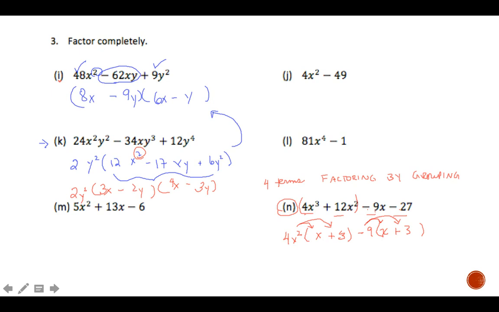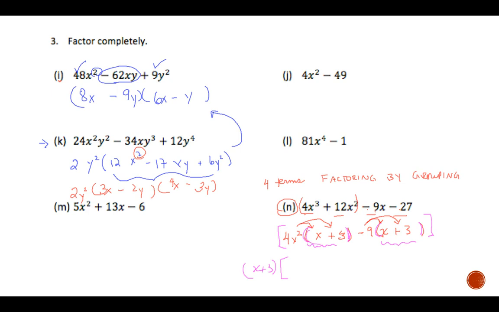Now I want you to look at these two groups. They are the same. And I want you to take this group and pull it out front of the big group. And what's left?